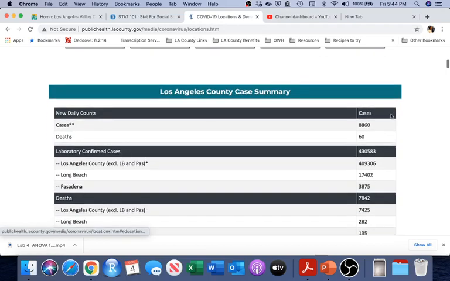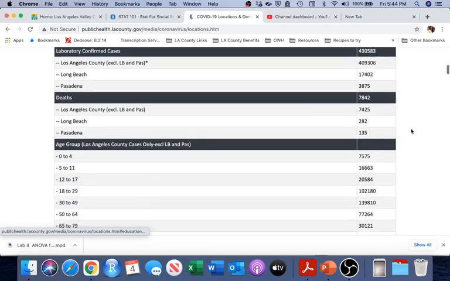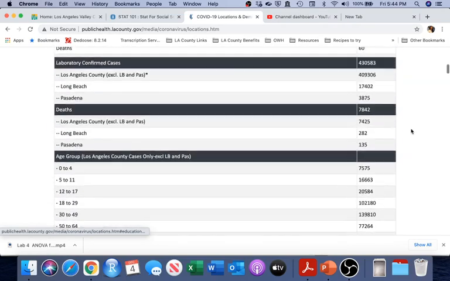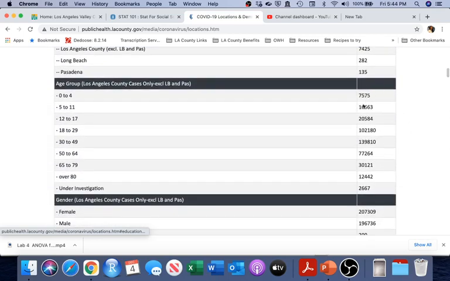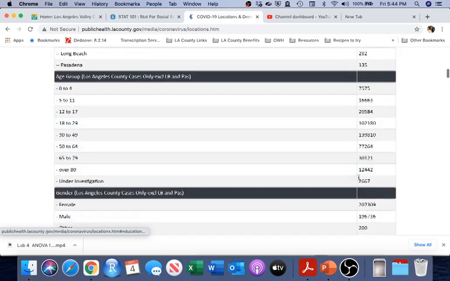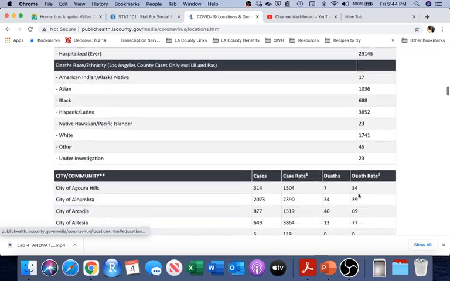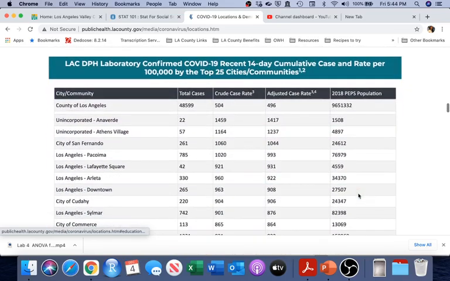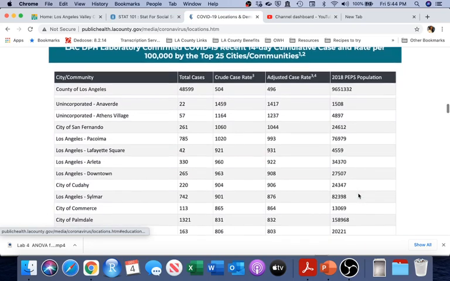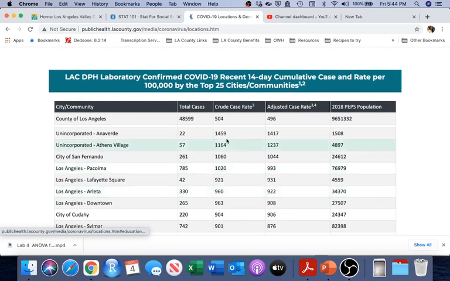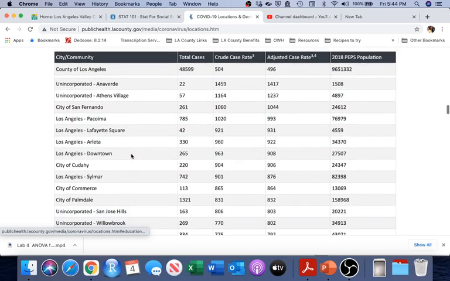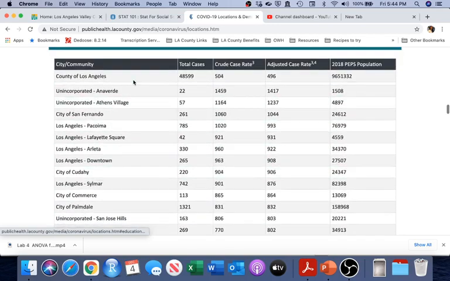There are a high number of cases reported today, but you can see those cases broken down by age group, gender, race, ethnicity, and if you keep going, you can see even city community level. So like you can see within whatever city you live in, and then what the rates are.